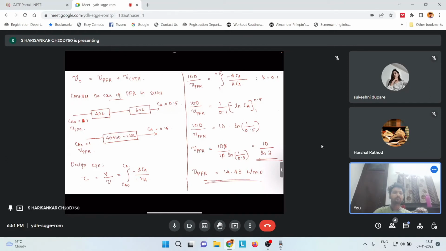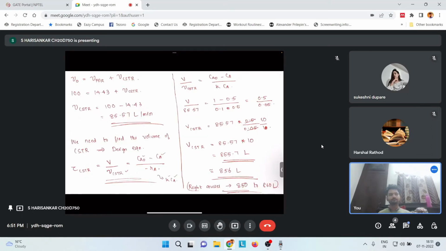We found out the flow rate that went into the system of PFRs. Then using the flow rate balance, we found the flow rate that went into the CSTR, and then we directly used the design equation of the CSTR and finally found out the volume of the CSTR. And the volume to the nearest integer came to be 856 liters.